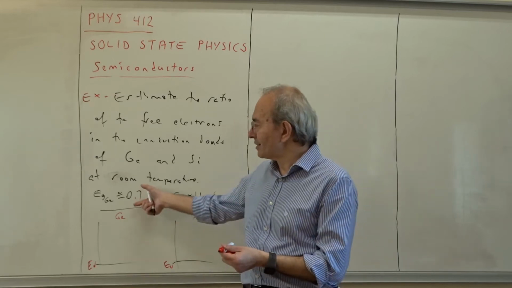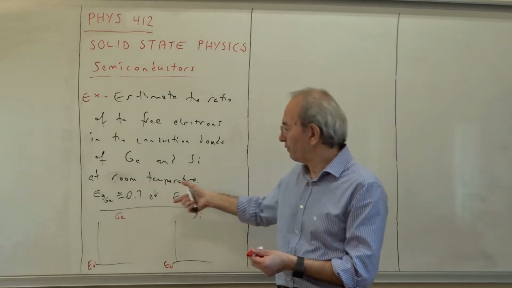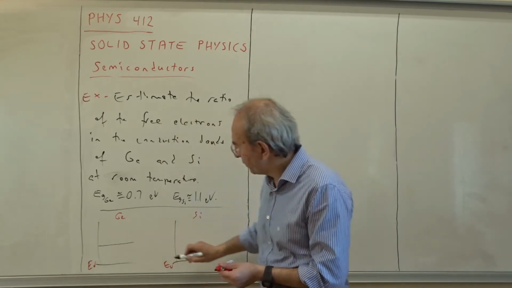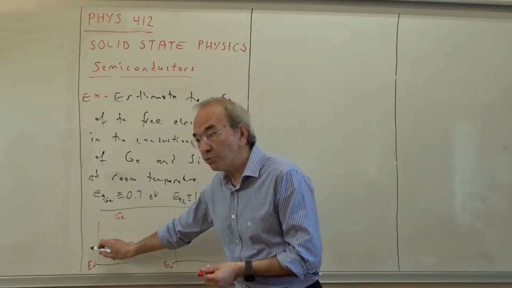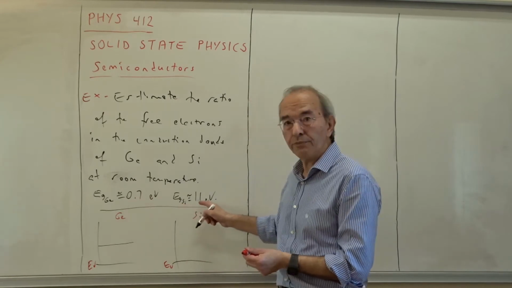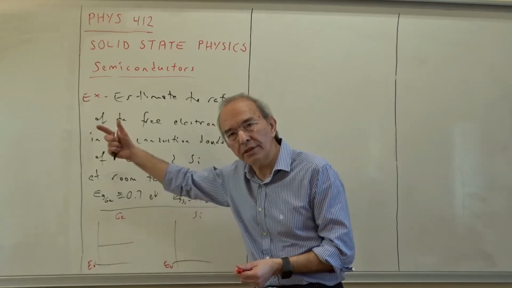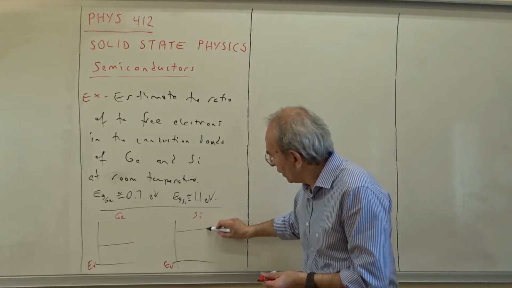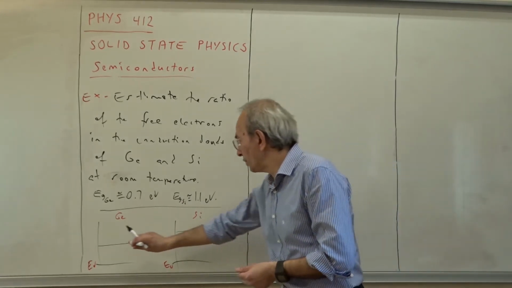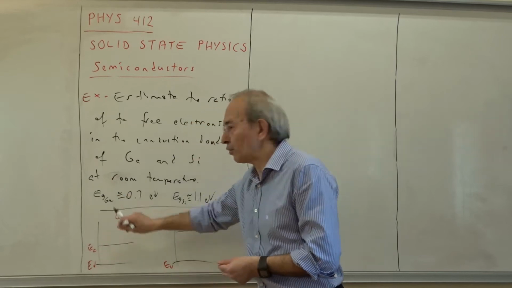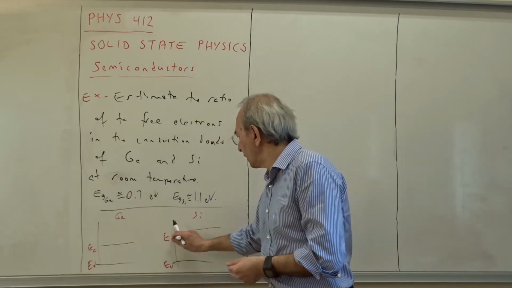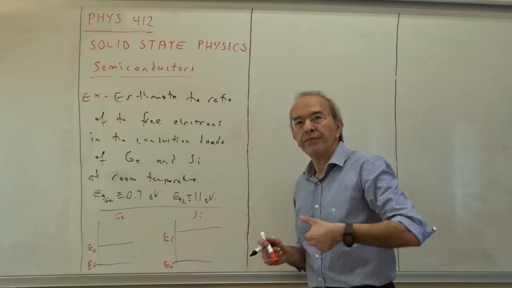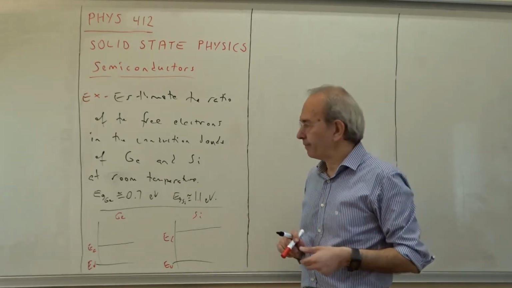Since germanium has a shorter energy gap with respect to silicon, let me draw a gap like this. And if this corresponds to 0.7, what is 1.1? It is almost 50% larger. So instead of here, I will draw a level like this. So this is the conduction energy for germanium. This is the conduction energy for silicon, because of the different energy gaps.